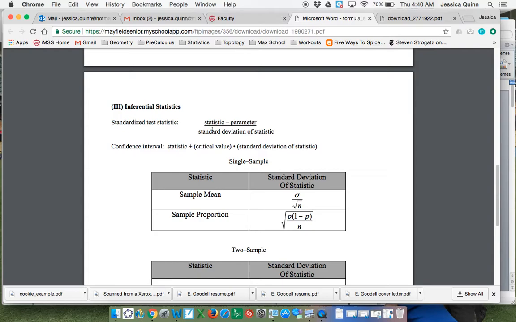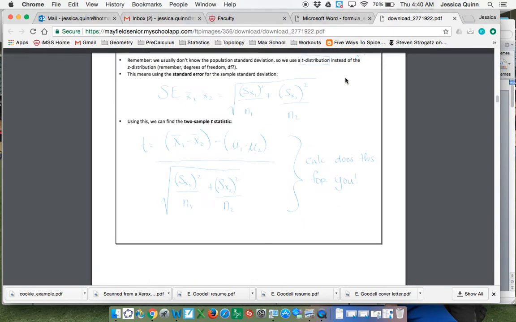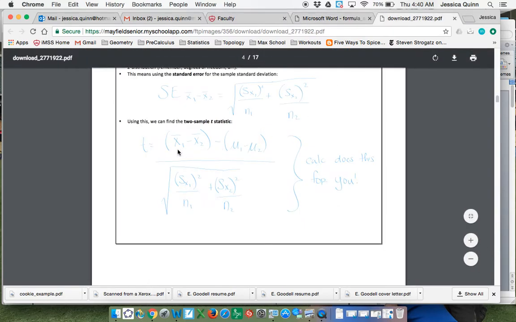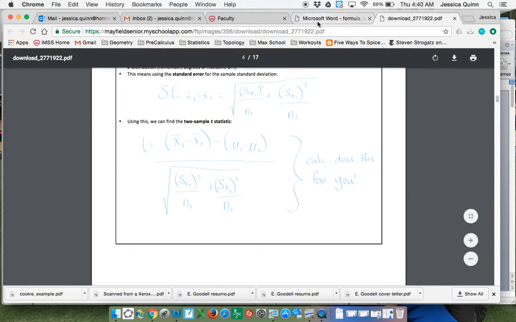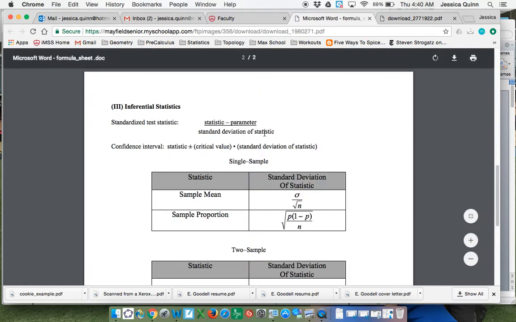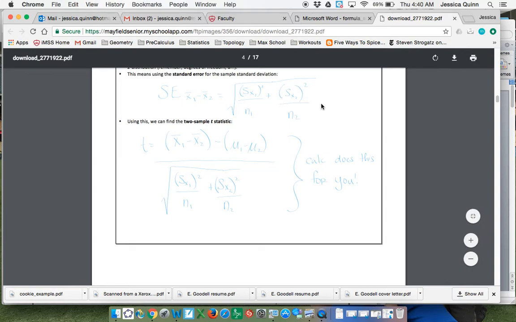So the statistic in this case is we took a sample from one population, we took a sample from another population, we found those two means, and we subtracted them. So this is our sample statistic right here, x bar 1 minus x bar 2, minus the parameter, the mean of population 1 minus the mean of population 2, all over the standard deviation of the statistic, which is our standard error, so this formula right here.